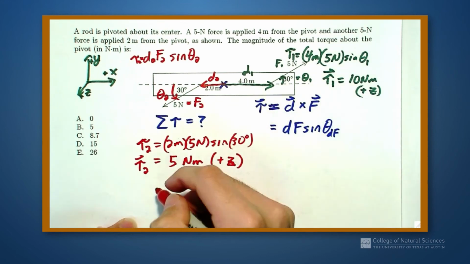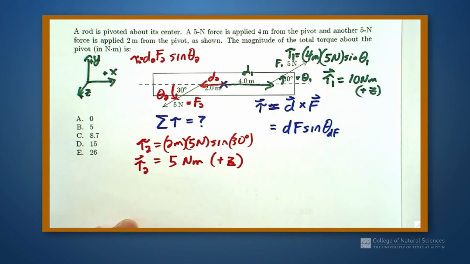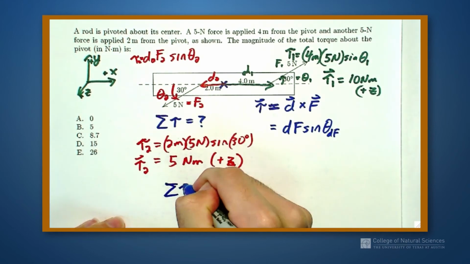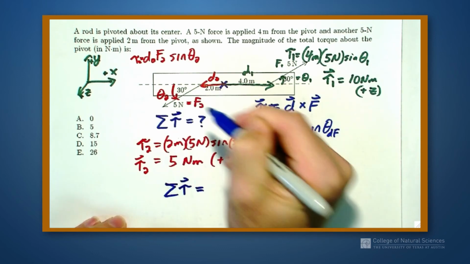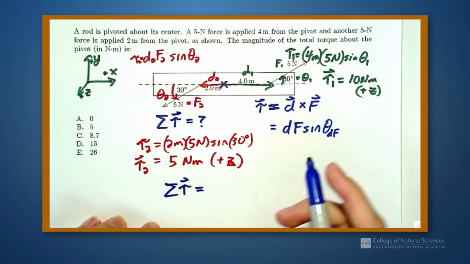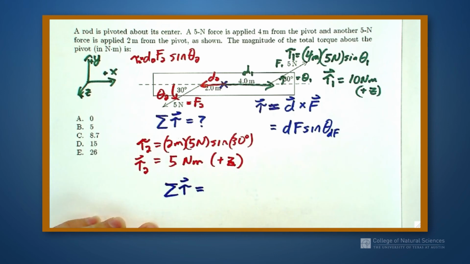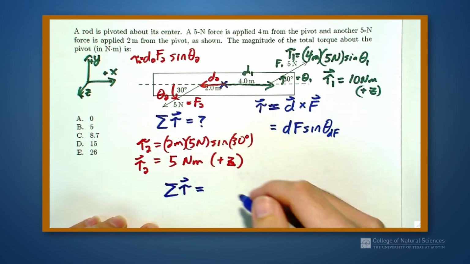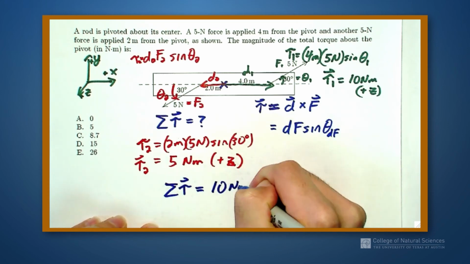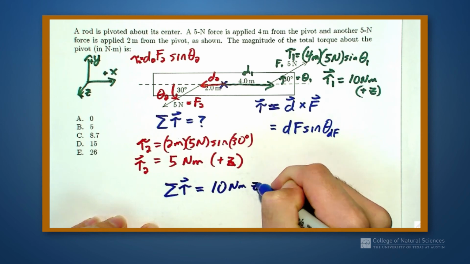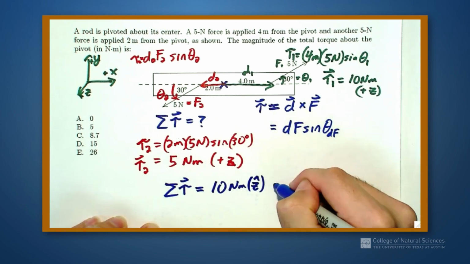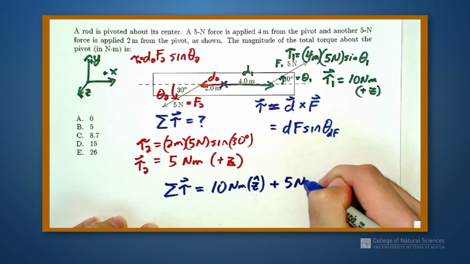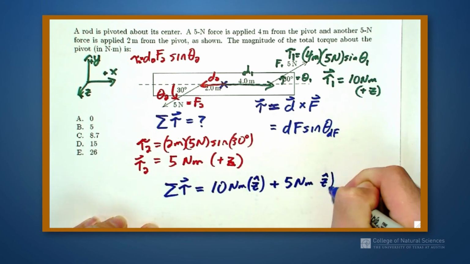So when I actually do my total torque with vector quantities, because it is a vector, when I add them, I have to make sure I take that into account. It's 10 Newton meters in the z hat direction, and it adds to 5 Newton meters, again, in the positive z hat direction.